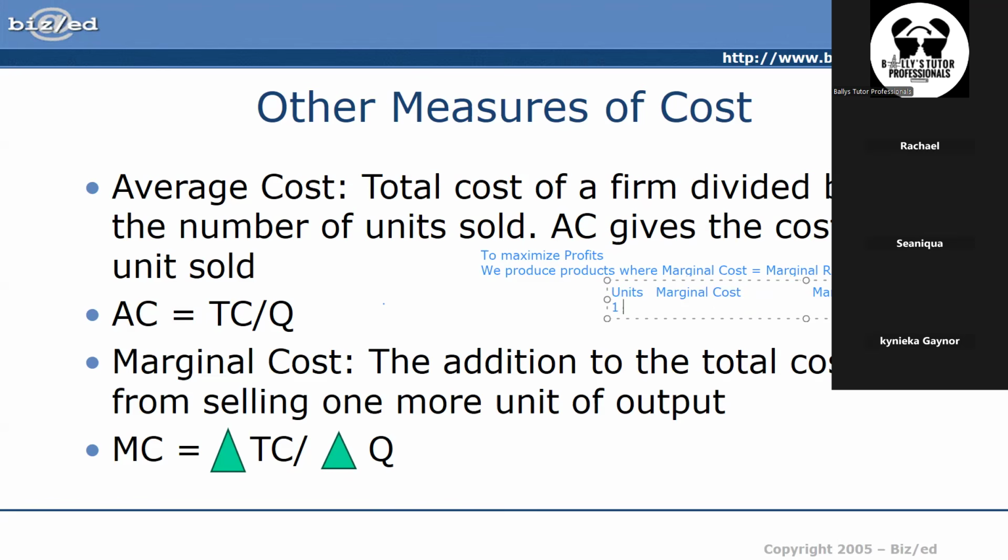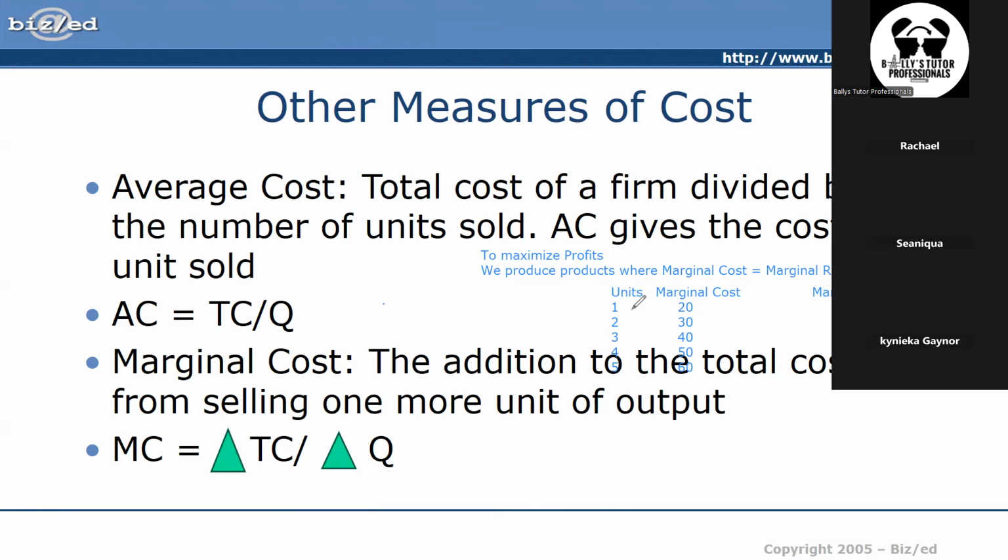When I produce 1 unit, marginal cost is 20, marginal revenue is 50. 2 units, marginal cost is 30, marginal revenue is 45. 3 units, marginal cost is 40, marginal revenue is 40. 4 units, marginal cost is 50, marginal revenue is 35. 5 units, marginal cost is 60, marginal revenue is 30. I want to get as much profit as I possibly can.